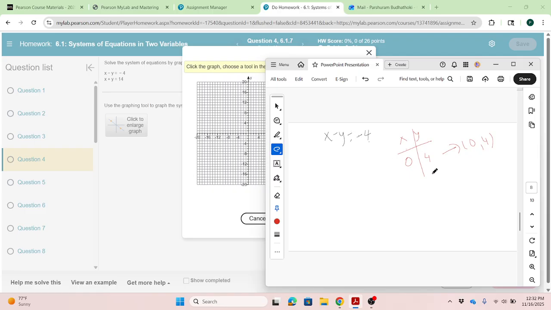What about another point? Choose y equal to 0. You're allowed to pick a value for one of the variables, but then you need to use the equation to find the other one. I'm picking y equal to 0. That gives me x equal -4. So these are the 2 points: 0 comma 4 and -4 comma 0.